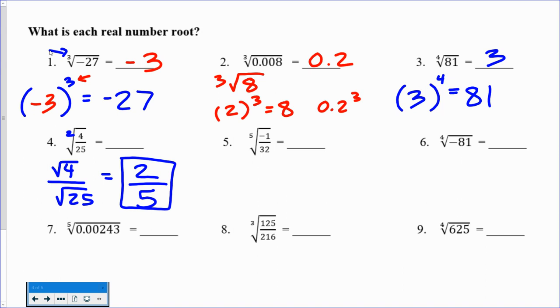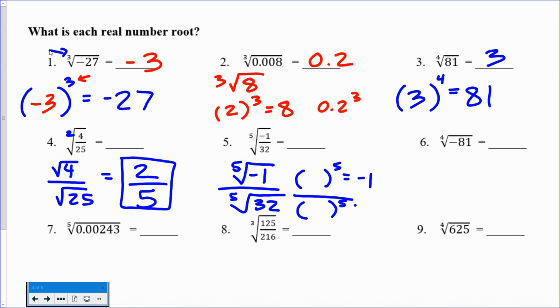Okay. Same way with 5. In my example 5, I'm doing a fifth root of negative 1 divided by a fifth root of 32. So I'm looking for what to the fifth power gives me negative 1 and what to the fifth power would give me 32. Some students get nervous with the bigger number for that index, and think it's going to get harder.